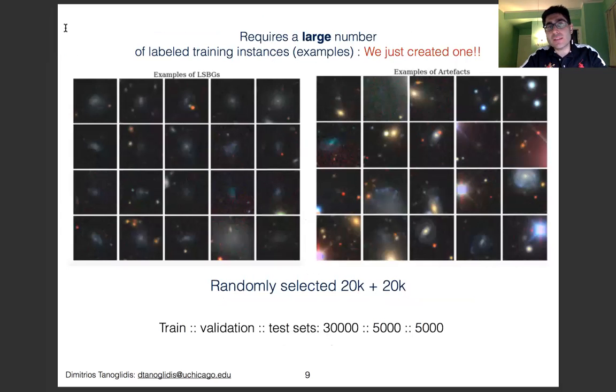So these are some examples of low surface brightness galaxies and artifacts that we are going to use for our selection. For our training, we randomly selected 20,000 low surface brightness galaxies and 20,000 artifacts, and we split them into training, validation, and test sets, as you can see here.